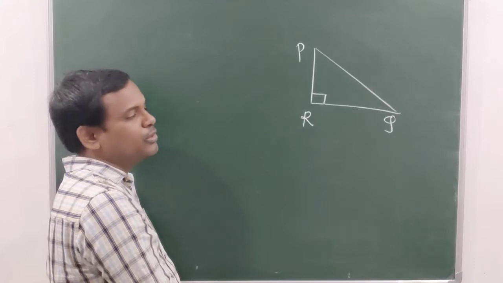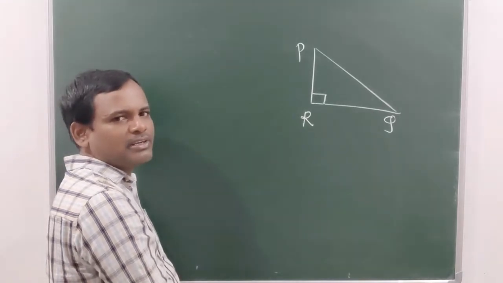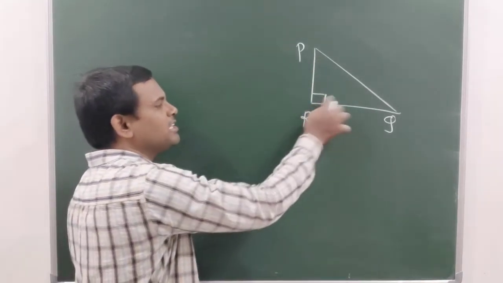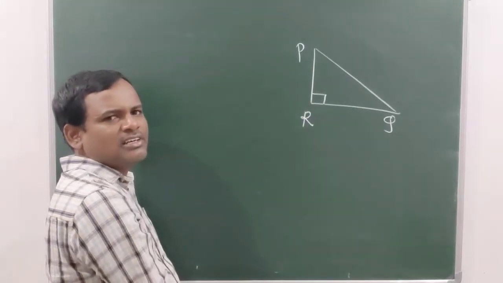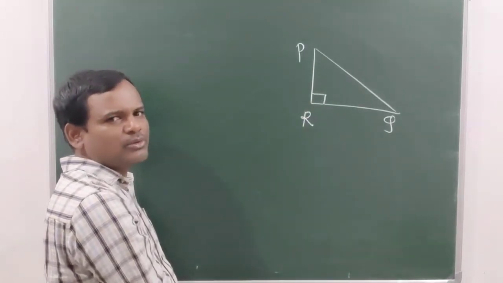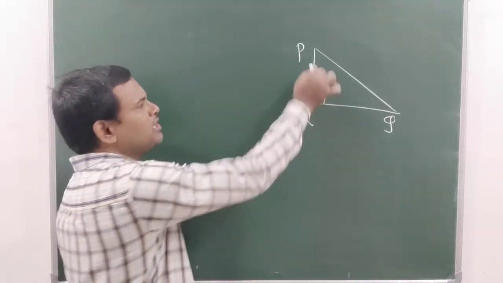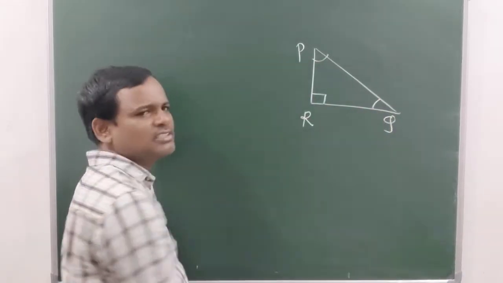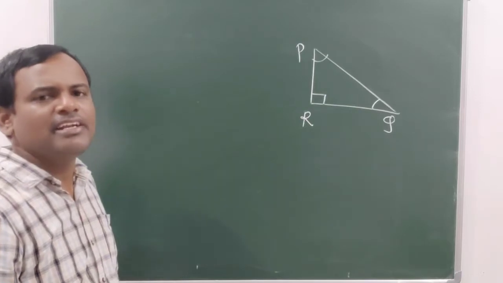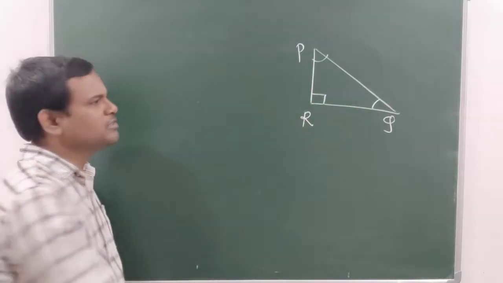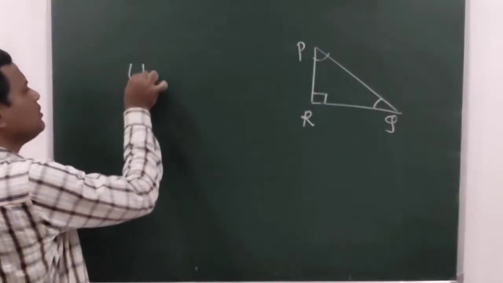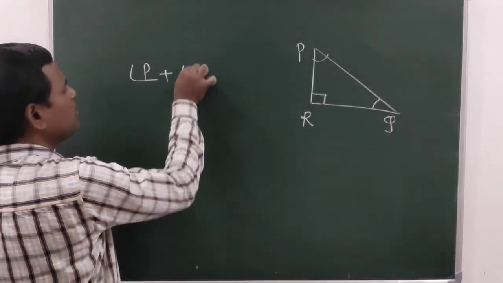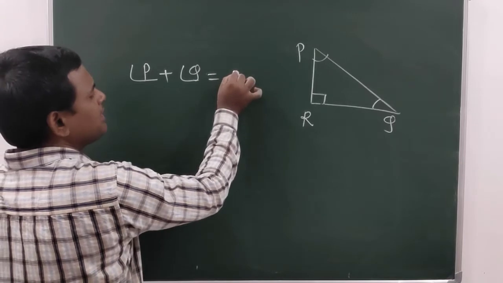Now you know the angle sum property of the triangle: sum of all interior angles of a triangle is 180. So one of the angles is 90 degrees according to the given problem. So what is the sum of the other two angles? 90 degrees, because these two are acute angles and this is the right angle. So as we know, angle P plus angle Q is equal to 90 degrees.